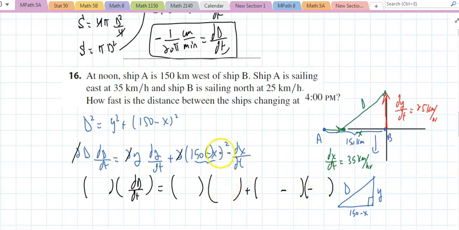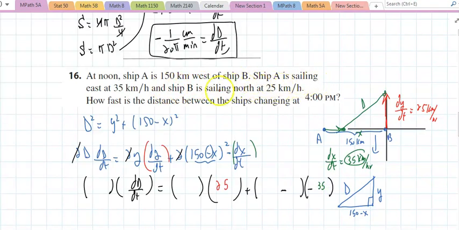I know this is 25, and I do know that this is 35. What's missing?